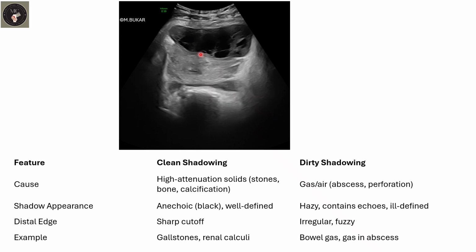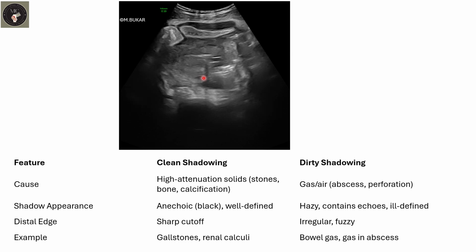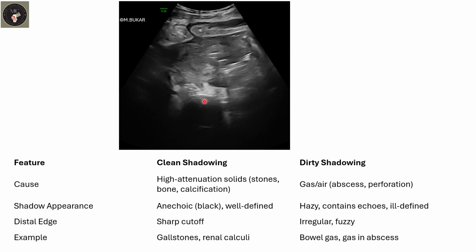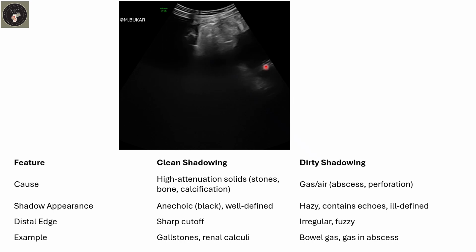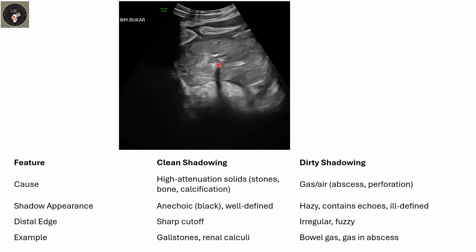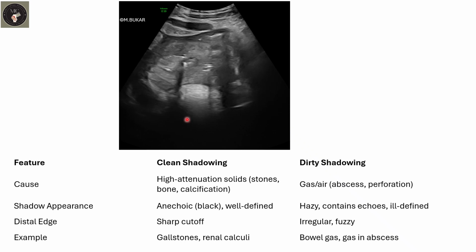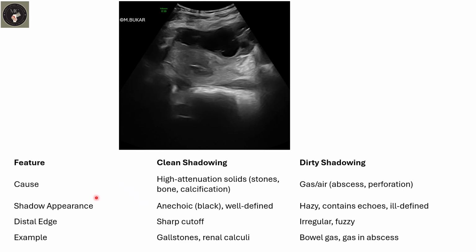See the dirty shadow here and clean shadow here. I believe that this is clear how to differentiate between clean shadow and dirty shadow: the cause, the appearance, the edge, and examples.